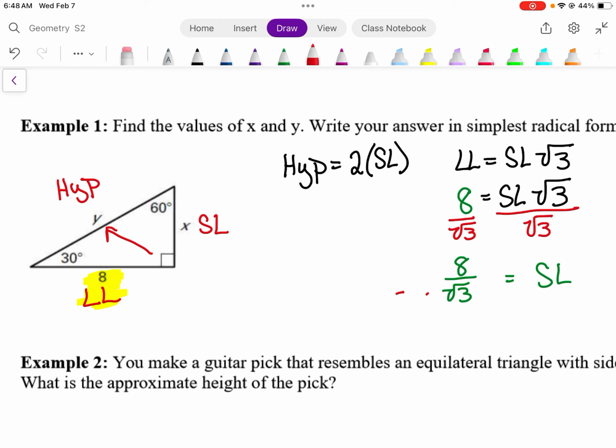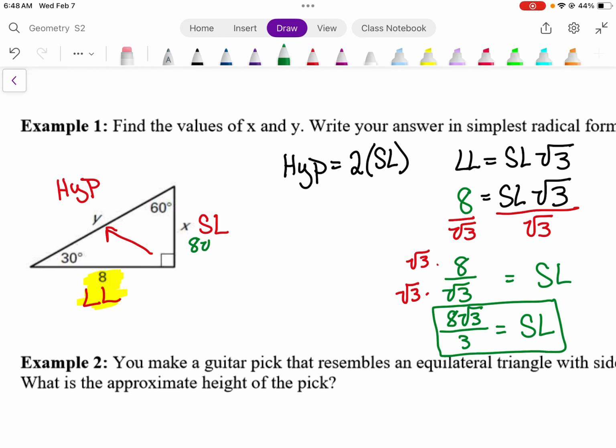So once you get here, do not forget to rationalize your answer. So we'll multiply both the numerator and the denominator by the square root of 3. And that gives us 8 square roots of 3 over 3 is equal to the length of our short leg. And that would be our answer.